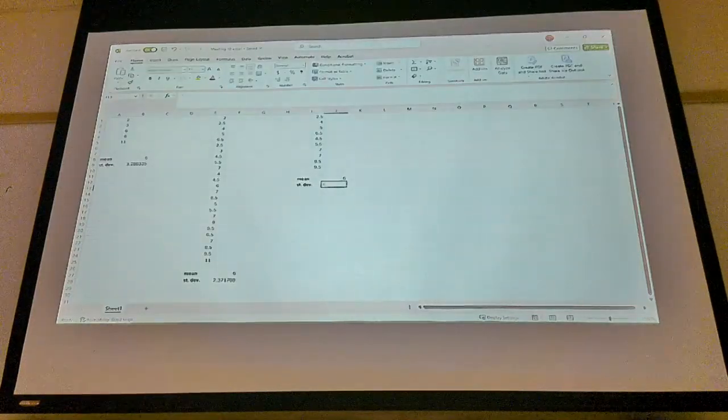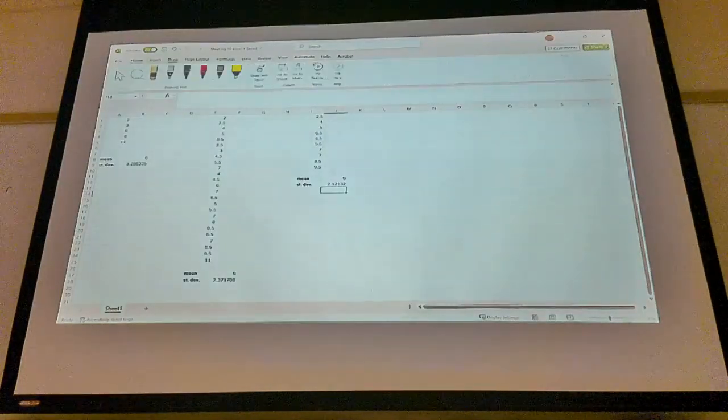Standard deviation sample, and 2.12. So glad that problem is done. That is the distribution of sample means of size n. That's how you do it.